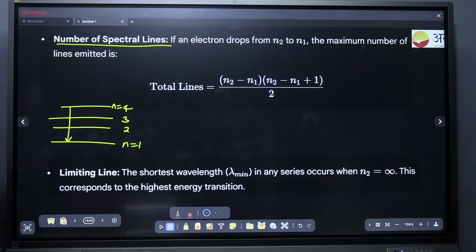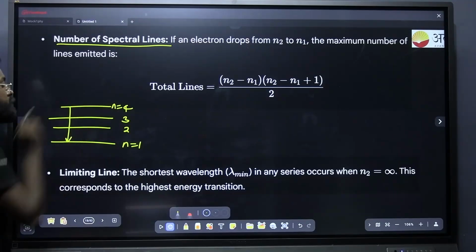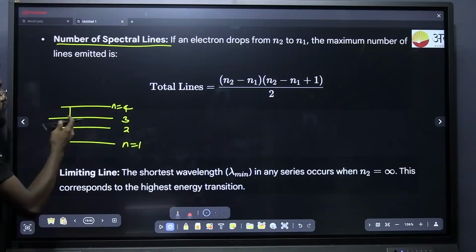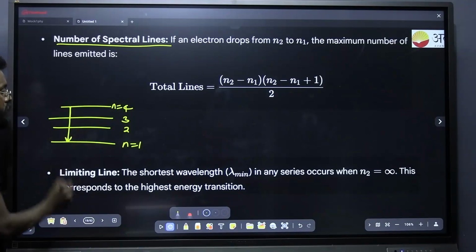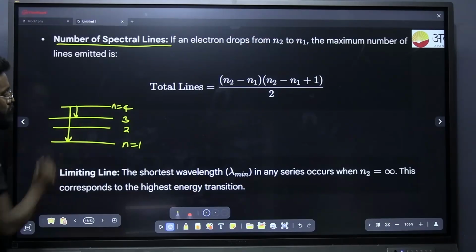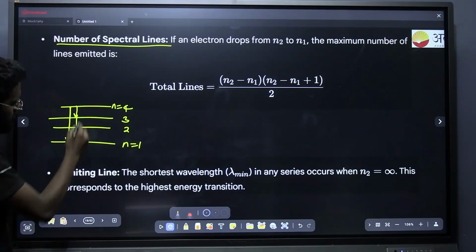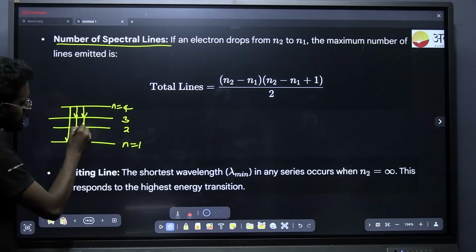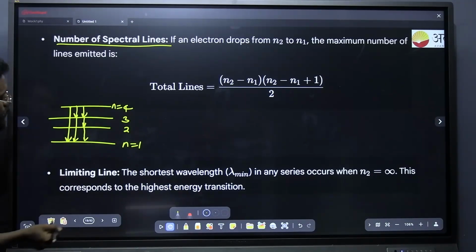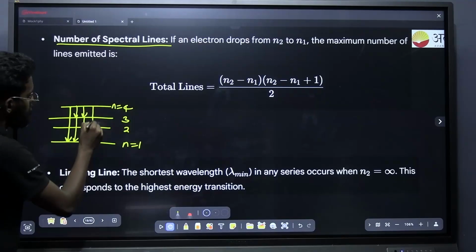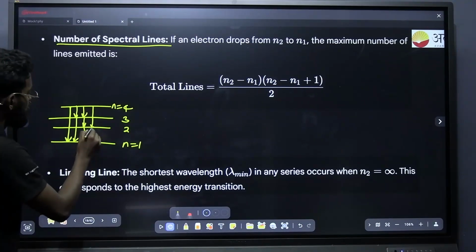How many different ways can this radiation move from n is equal to 4 to n is equal to 1? First it can directly move from n is equal to 4 to n is equal to 1. Then it can move first n is equal to 4 to n is equal to 3, then to n is equal to 1. Then 4 to 3, 3 to 2, then 1. Any other possibility? Then 4 to 2, then 2 to 1.